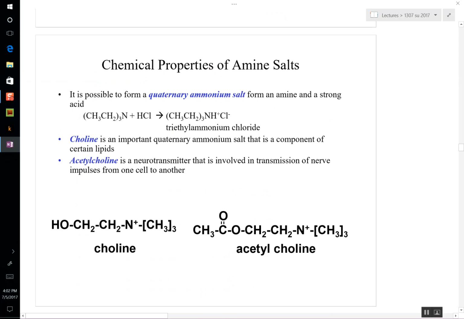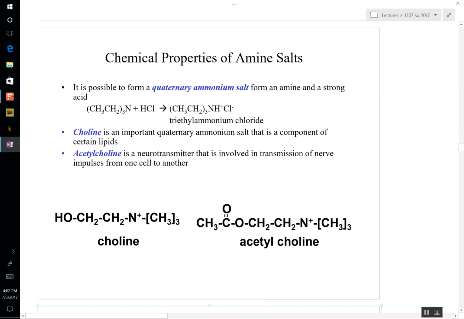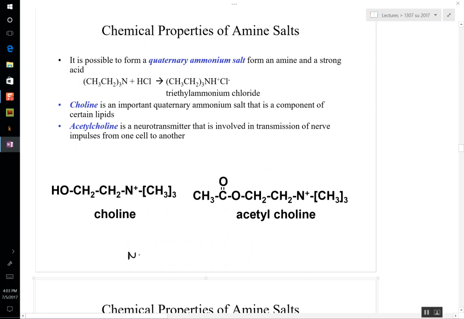Notice here, what do we have here? We've got a methyl. We have a methyl. We have a methyl. That's what this is all about. 3 methyls. And now we got another carbon. But that's not a methyl. That's an ethyl group. It's an ethanol.